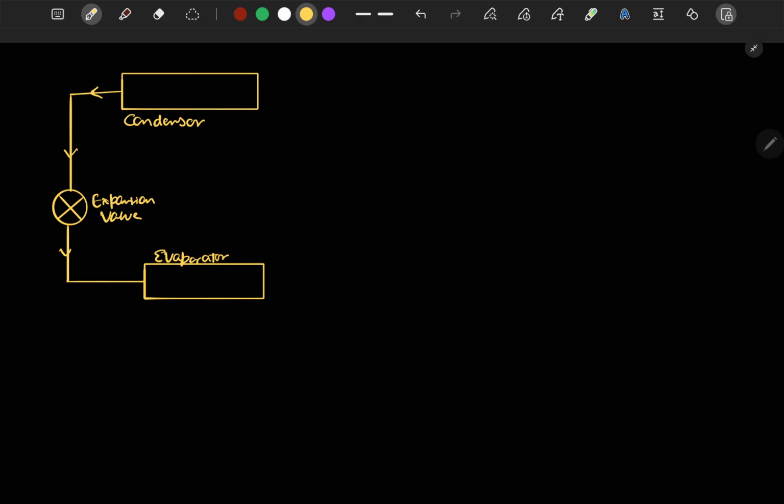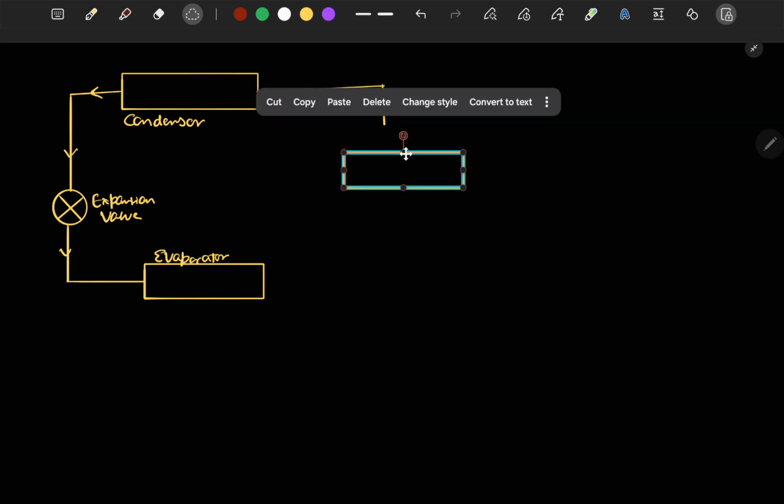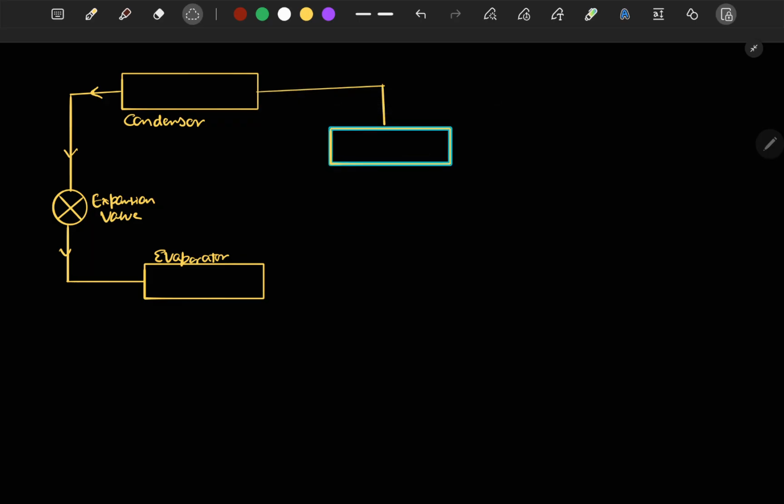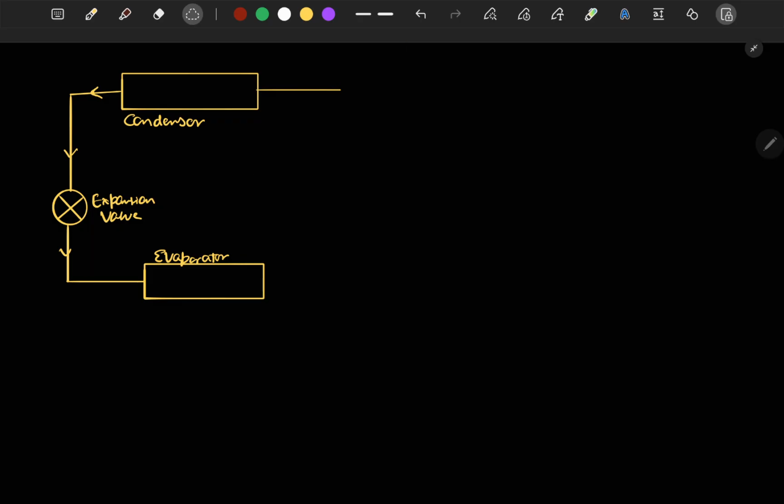Evaporator. Okay, now this condenser is further connected to our generator. So this is our generator.